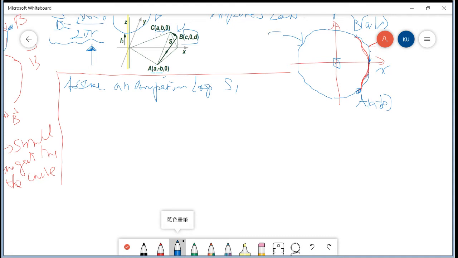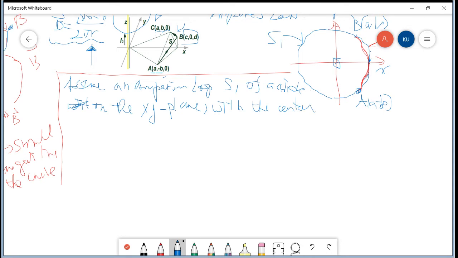So we call this one S1, a circle on the xy plane, with the center at the origin, and radius r equals the square root of a squared plus b squared.